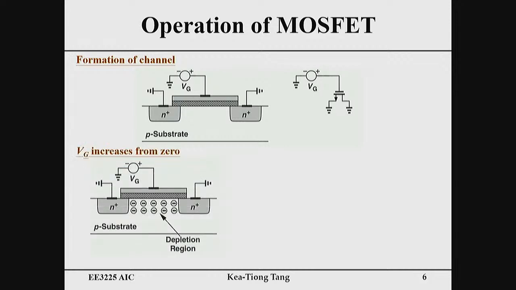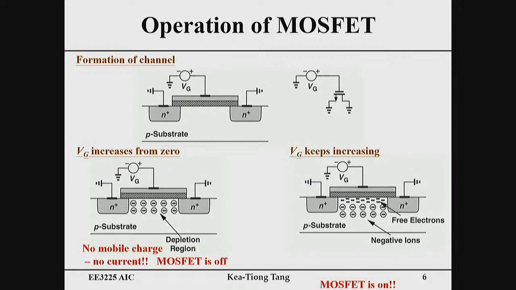Okay, so we say that in order to form a channel which contains electrons which are able to flow, we have to bias the gate voltage to exceed some threshold voltage. This is called threshold voltage. If the gate voltage is smaller than the threshold voltage, there will be no channel formed and there will be no current.